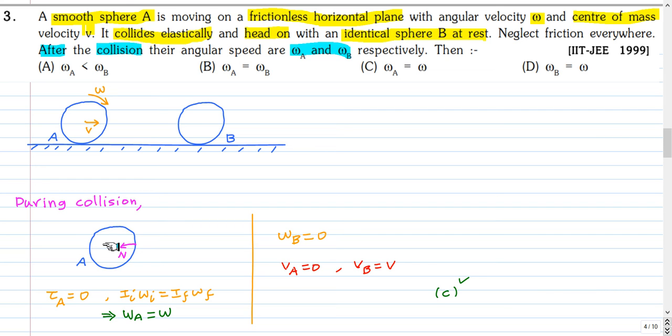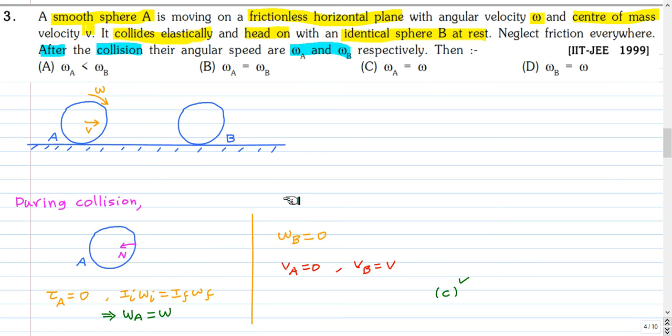So the angular momentum before and after collision will be conserved. Before collision the angular momentum is I omega, and after collision it's I omega f. The moment of inertia of the sphere is not going to change. Initial angular speed is omega, so the final angular speed is equal to omega. So the angular speed of sphere A will not change.